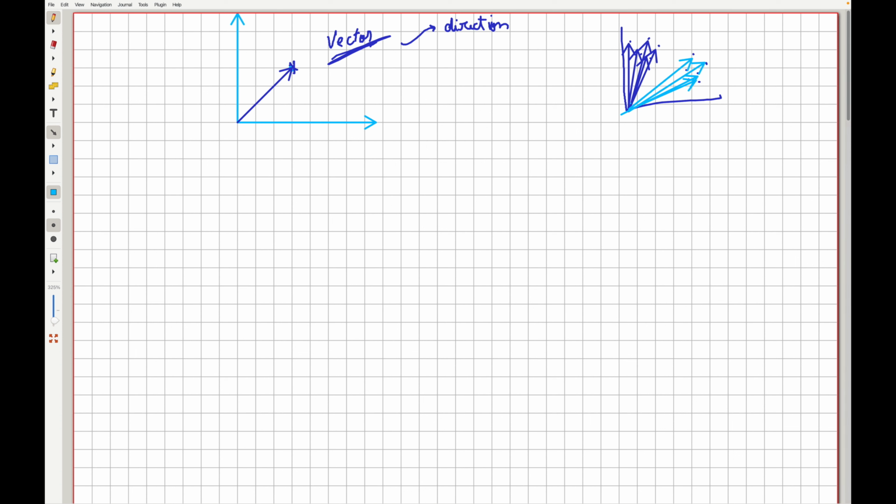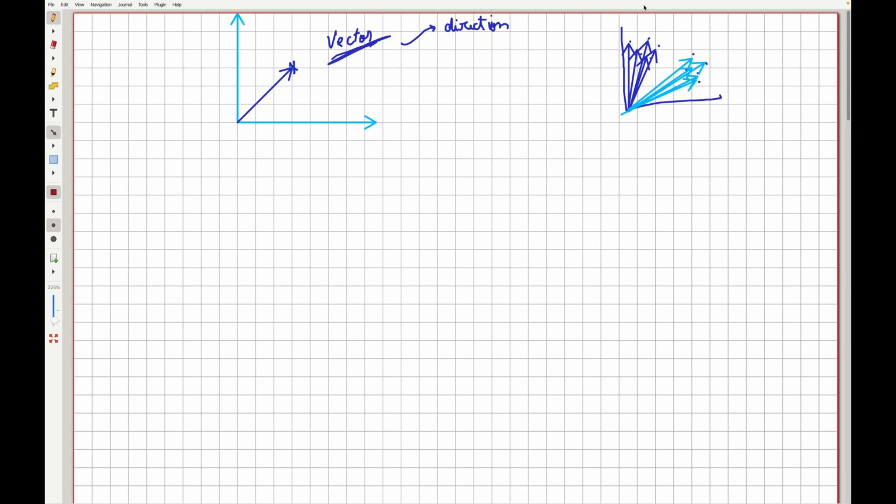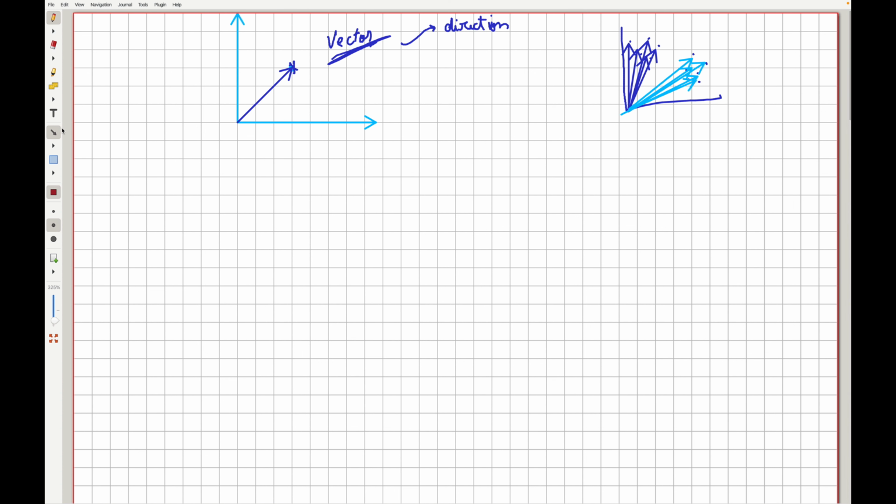Within the same cluster they are pointing in the same direction. So these arrows on this side are pointing in this general direction, and these arrows are pointing in this direction.